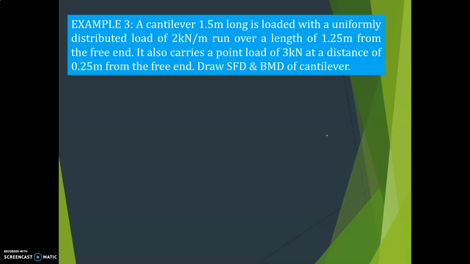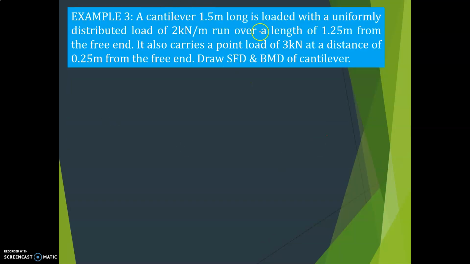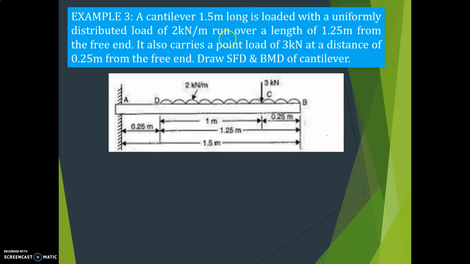I'll give one example. You just try this, how to do this. A cantilever 1.5 meter long is loaded with a uniformly distributed load of 2 kilonewton per meter run over a length of 1.25 meter from the free end. It also carries a point load of 3 kilonewton at a distance of 0.25 meter from the free end.